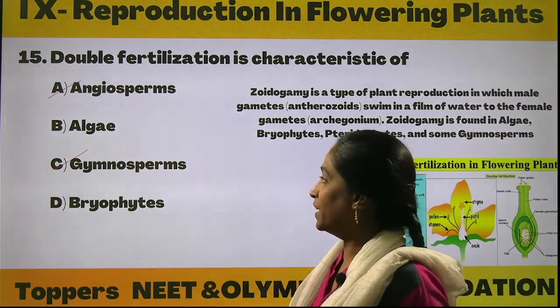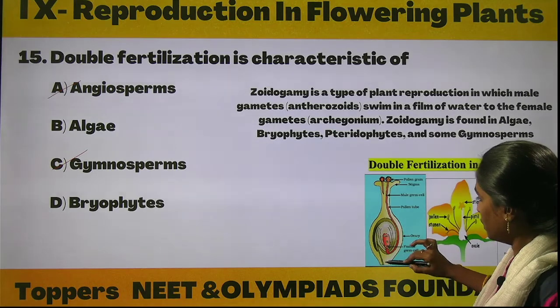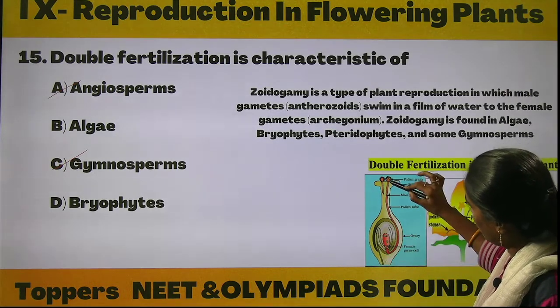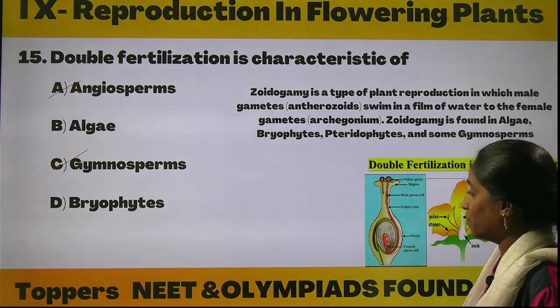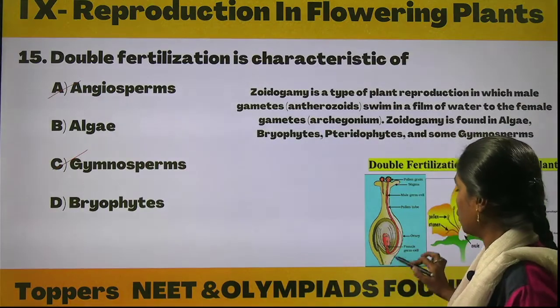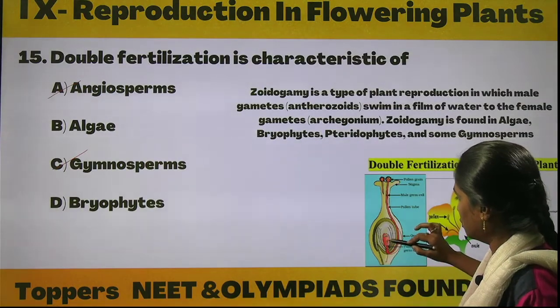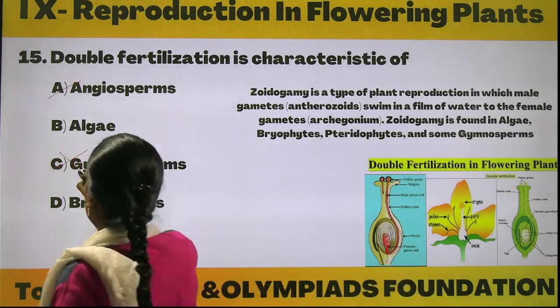Here the pollen tube enters directly through the micropylar region, but in the gymnosperms the entry of the pollen tube is from this other region, which is called porogamy, seen in the gymnosperms.